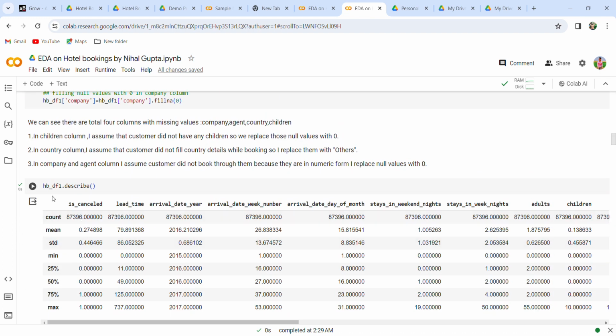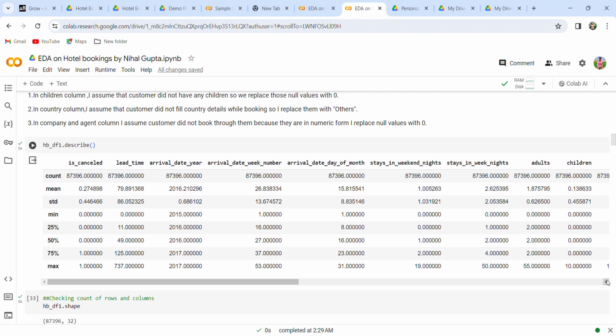Now what we have, df.describe, count of is canceled, lead time, arrival date year, arrival date week number, arrival date day of month, stays in weekend nights, stays in week nights, adults and children.